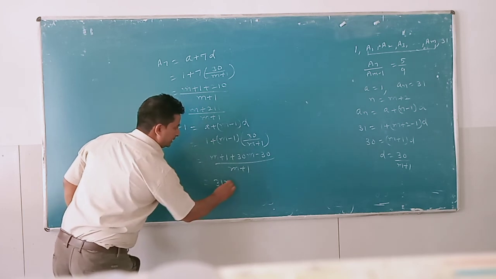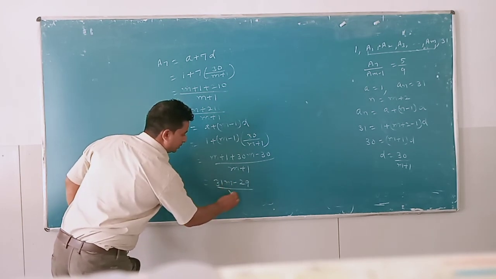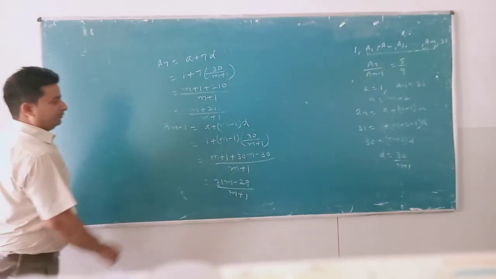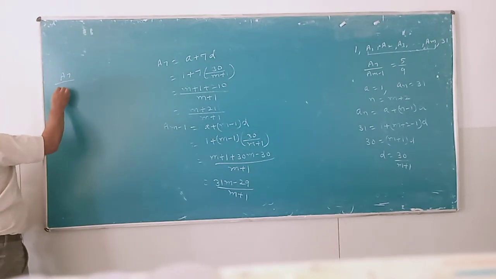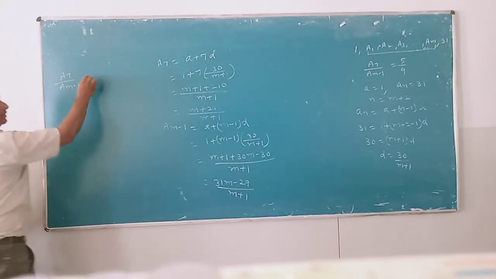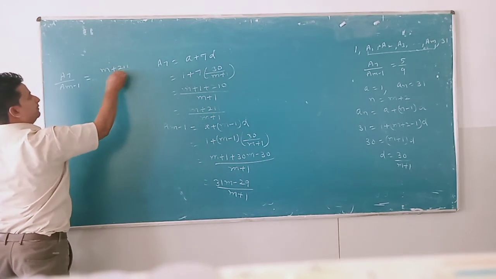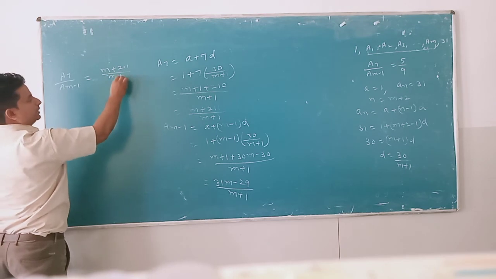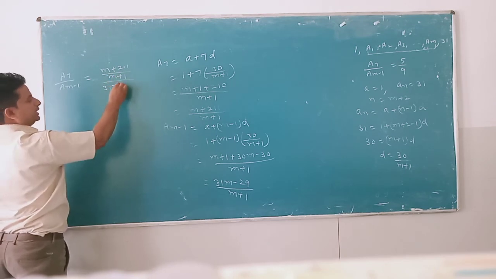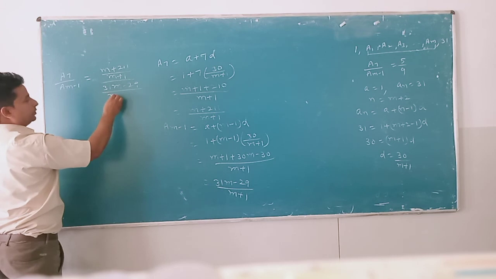This is (31m minus 29) upon m plus 1. When we put the value of a7 over a(m minus 1), a7 is (m plus 211) over (m plus 1), and this is (31m minus 29) upon (m plus 1).